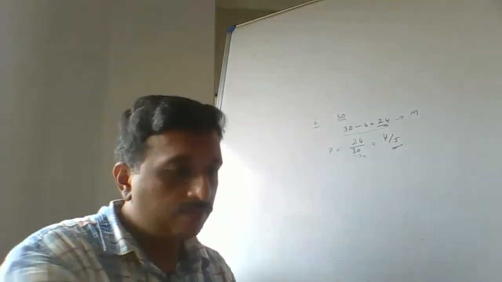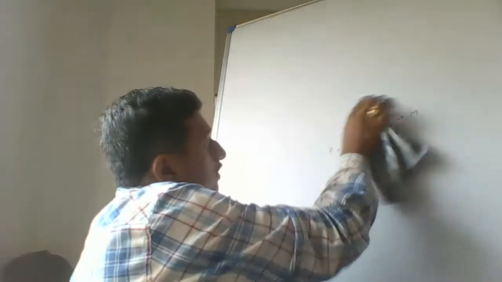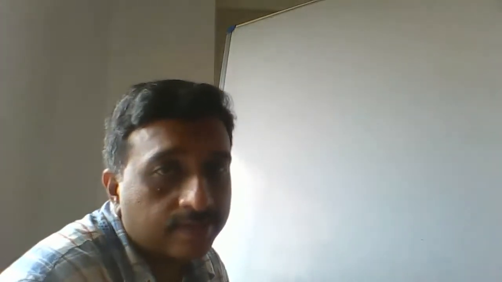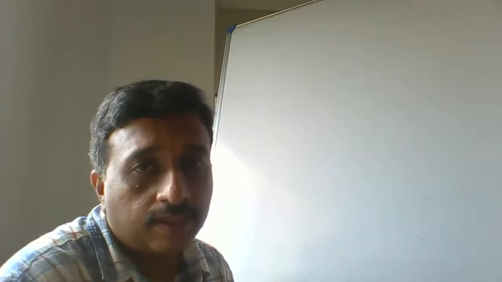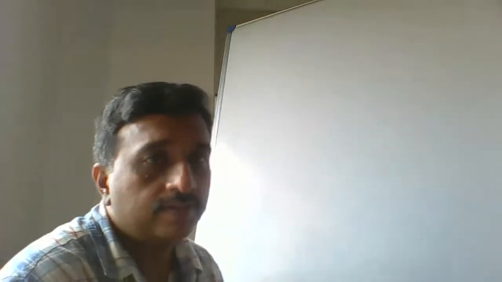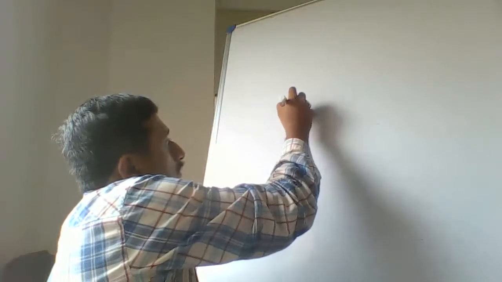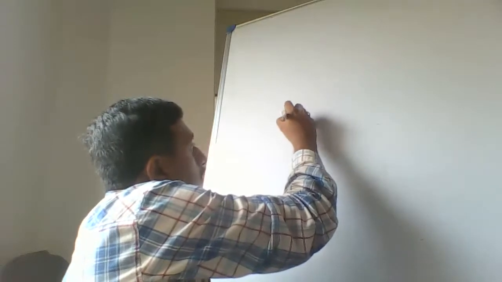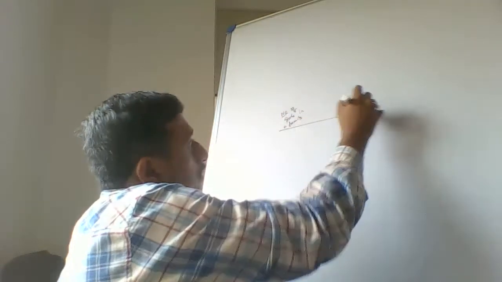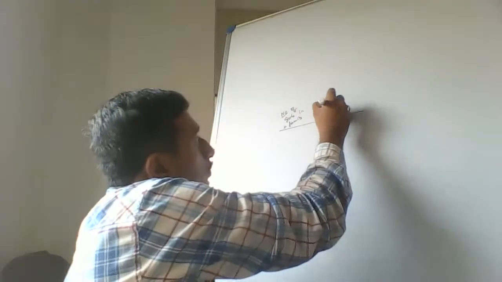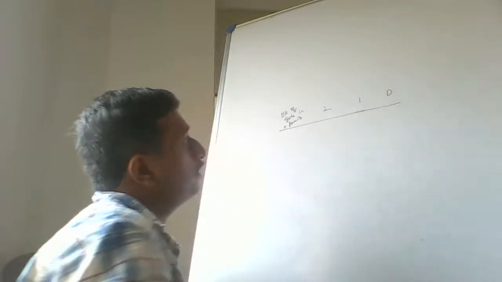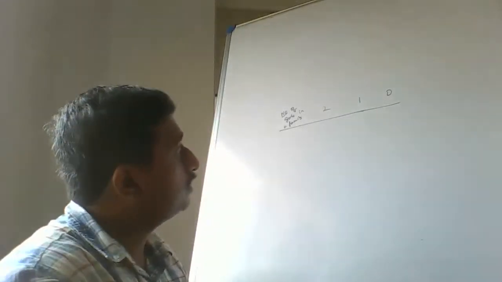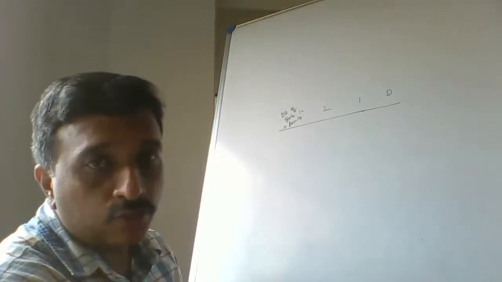I have 1,500 families. 1,500 families with 2 children were selected randomly, and the following data were recorded. That is the number of girls in a family: 2, 1, and 0.